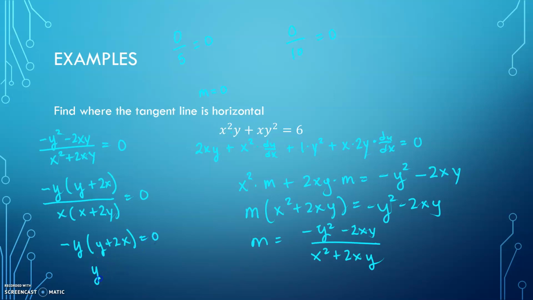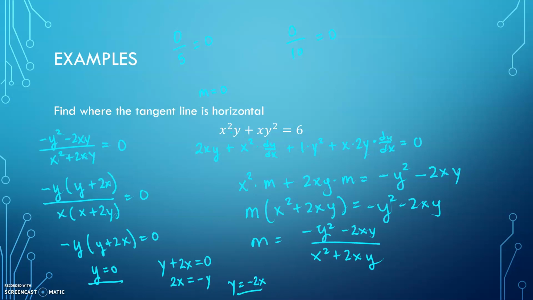So one place would be y is equal to 0. And another place would be y plus 2x is equal to 0. So 2x is equal to negative y, or y is equal to negative 2x.